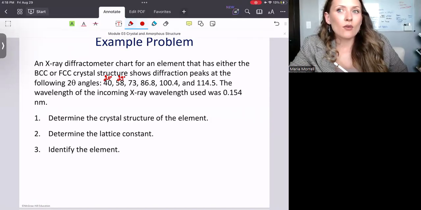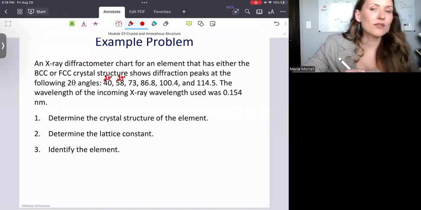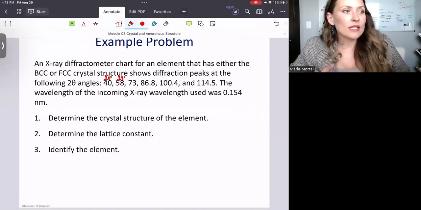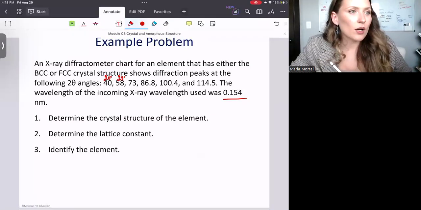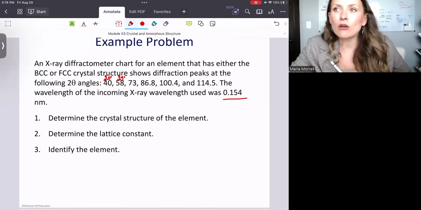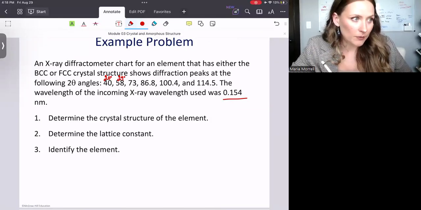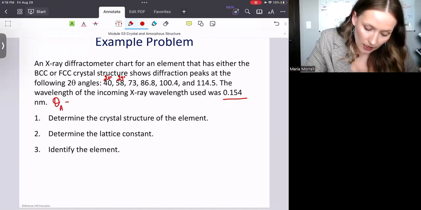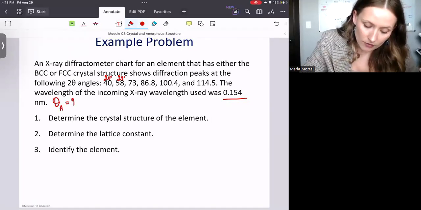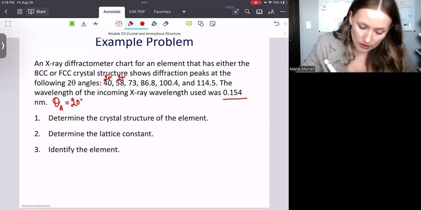Now, the wavelength of the incoming X-ray used was 0.154 nanometers. Okay, so basically I have theta A, for my plane A, the diffraction or reflection angle was 20.